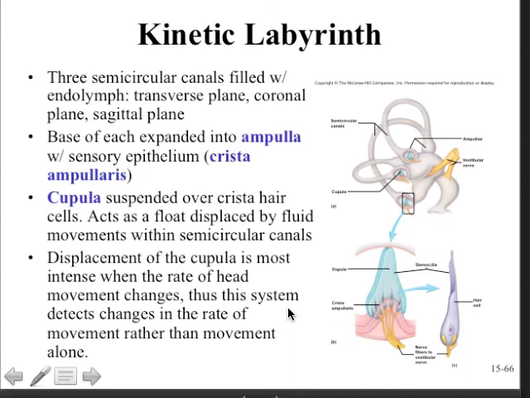As you go from moving to not moving, we would define that as deceleration, and the kinetic labyrinth would pick that up. In addition to that, any movement in a circular direction is defined as acceleration due to the fact that when you're engaging in circular motion, you're constantly changing the vector of that motion, and that satisfies the physics criteria for acceleration. Okay.